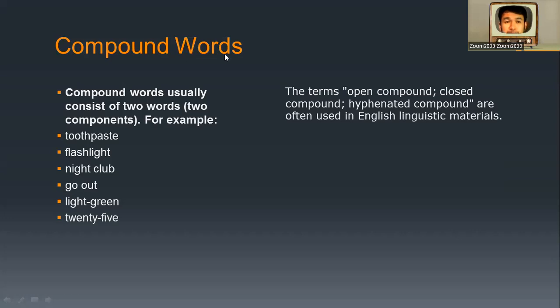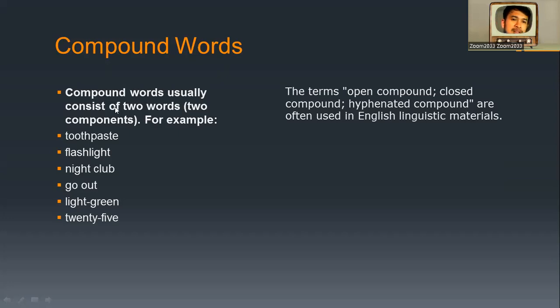Sorry, compound words. We know that a compound word is a combination of not only one word but also two words, such as Facebook. Facebook is a compound word. A handbag. Basketball.